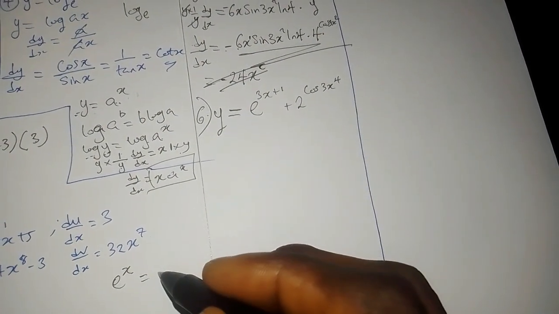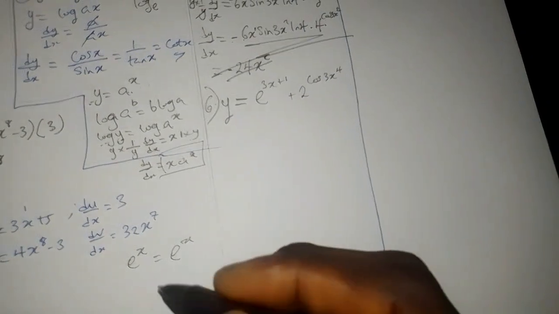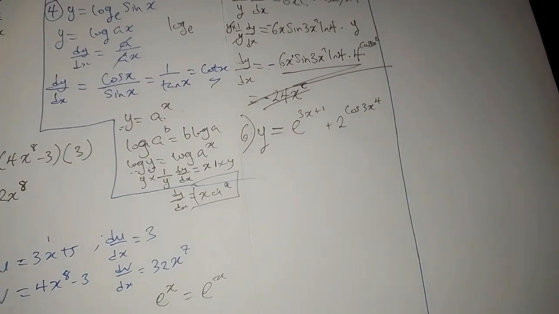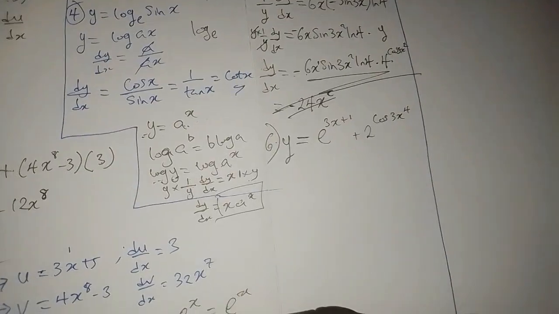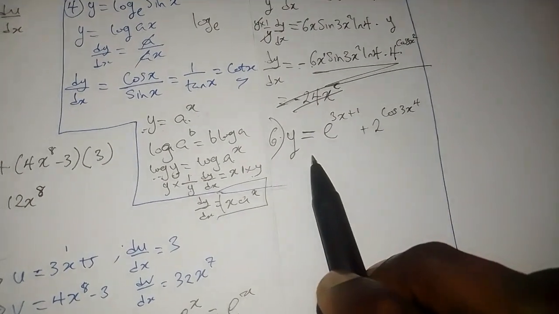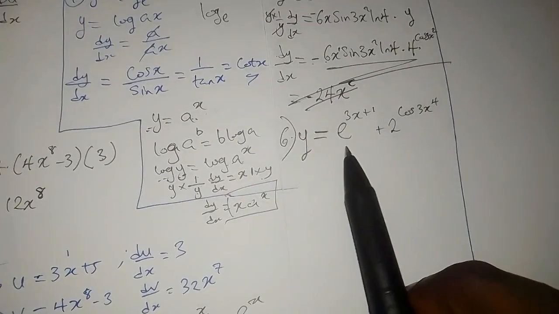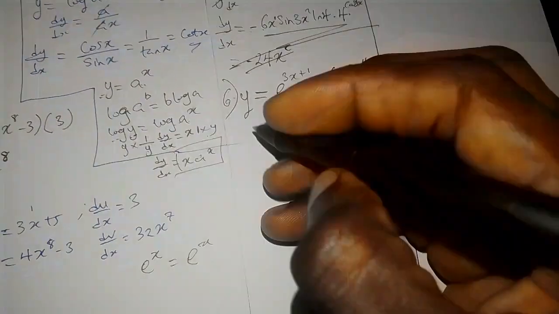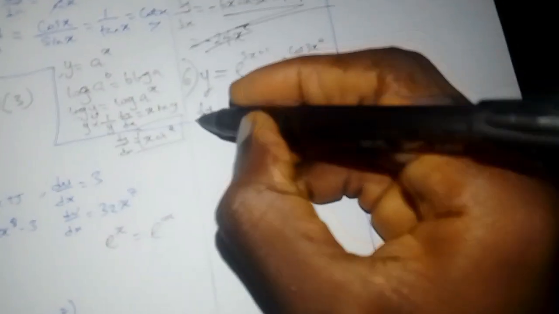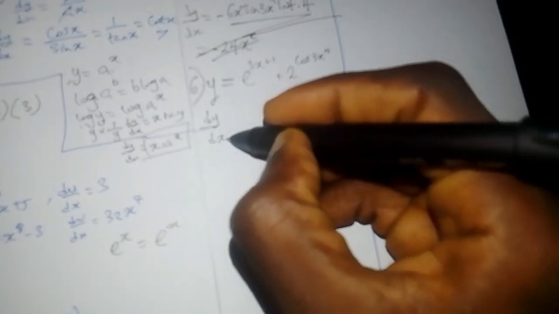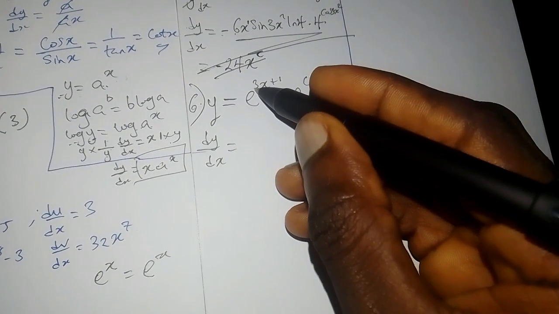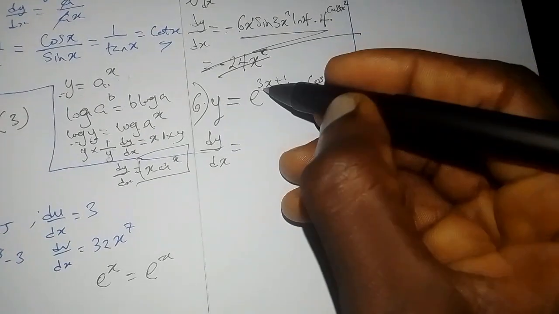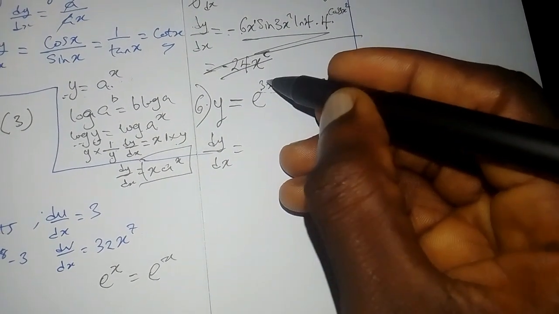So that means if I want to solve this question 6, I can say dy/dx straight away is then equal to, differentiate this upside. That's 3x, differentiate 3x, that's 3. That's 3 exponential 3x plus 1 plus, differentiate this other part.